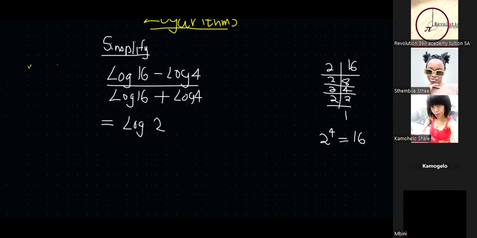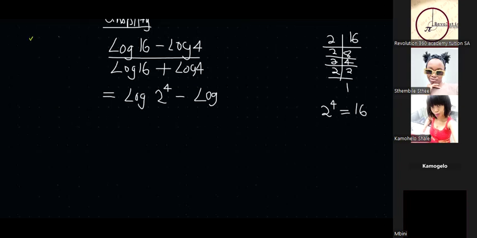For the sake of those who are rejoining, we'll just say log. You change 4 again. If you use the fishbone method, 4 will give you 2 squared. Who doesn't understand how I got 2 squared?